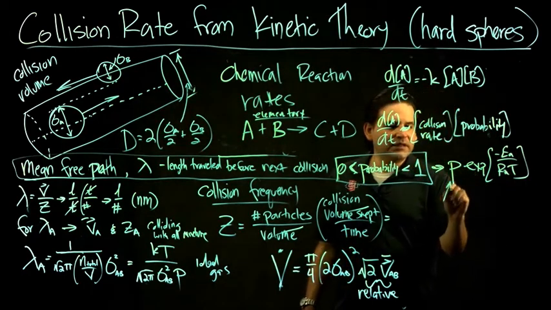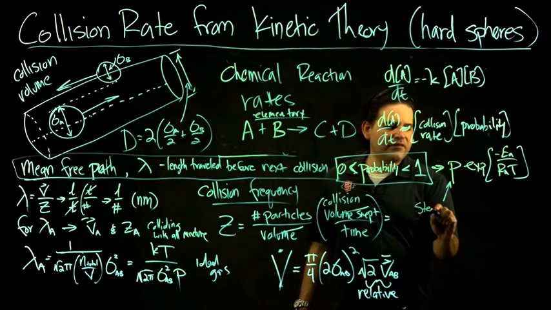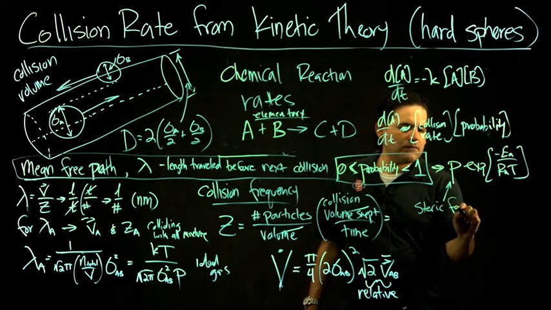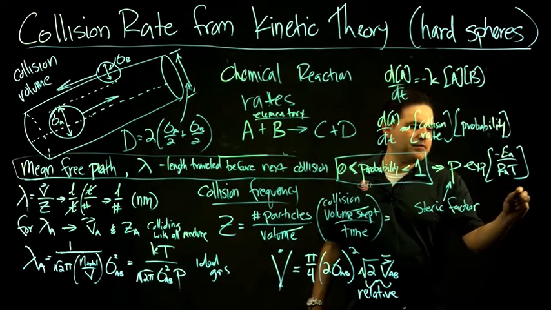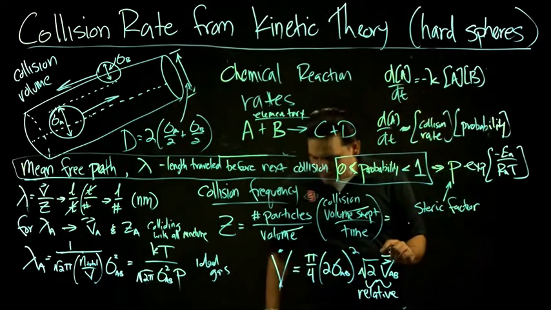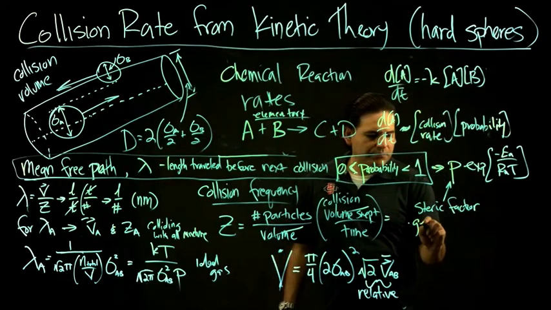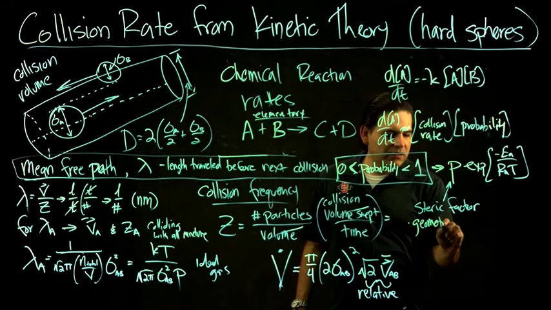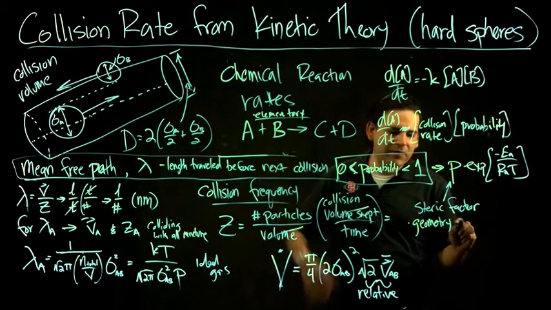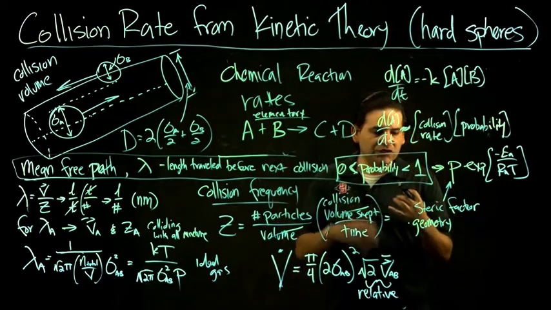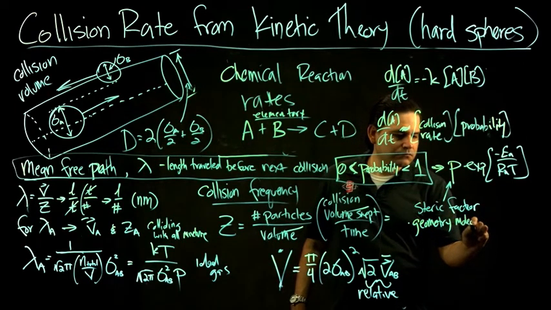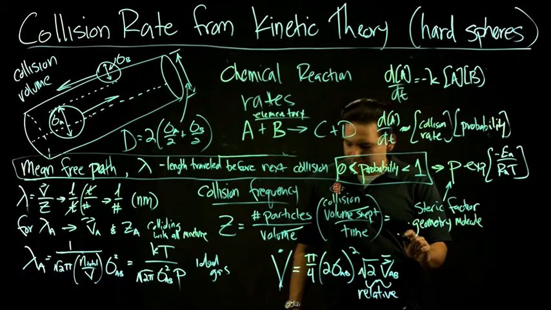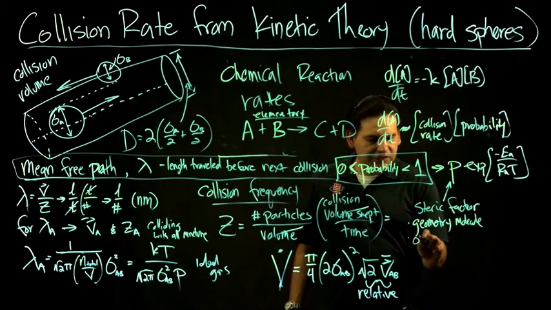So this P is the steric factor, and the steric factor has to do with the geometry of your molecules, like the diameter and the actual structure of the molecule. And the orientation of the collision.